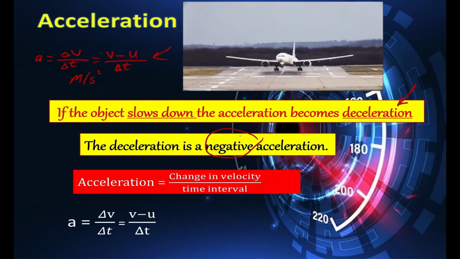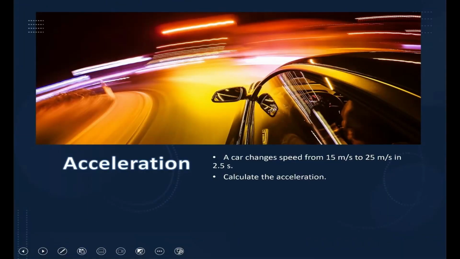Okay, let's try to answer this question. A car changes speed from 15 meter per second to 25 meter per second in 2.5 seconds. Calculate the acceleration. Acceleration equals delta v over delta t.